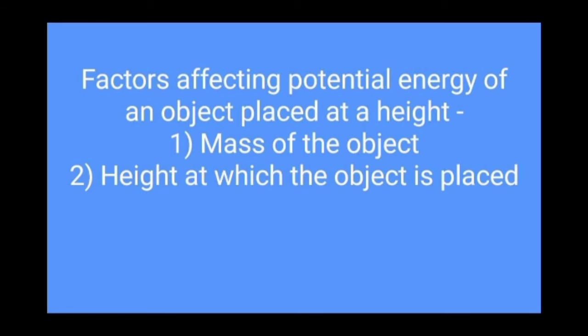So the factors affecting potential energy of an object placed at a height are number 1, the mass of the object, and number 2, the height at which the object is placed. More mass, more potential energy. Greater height, more potential energy.